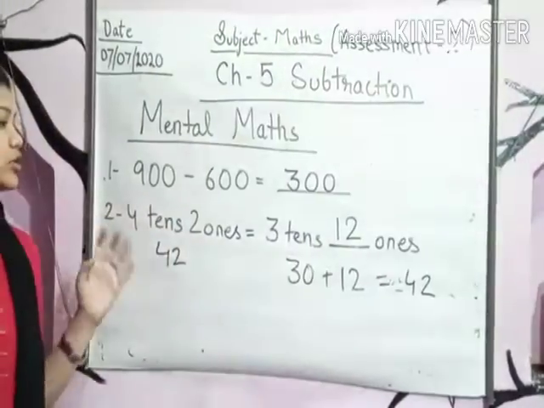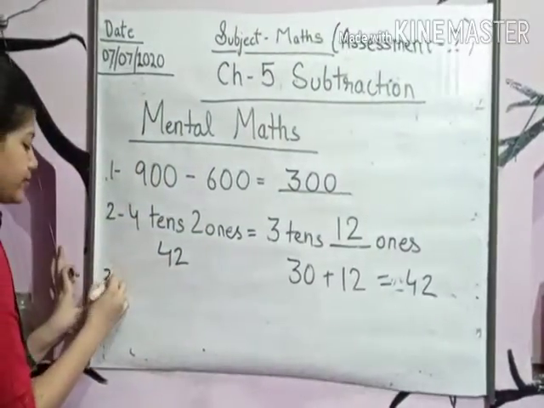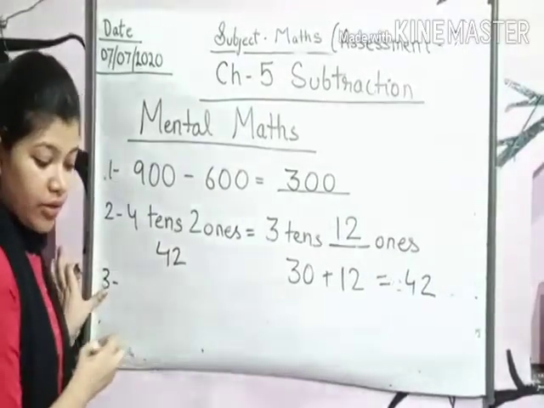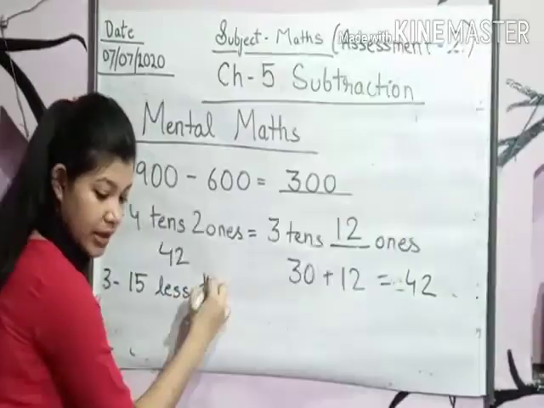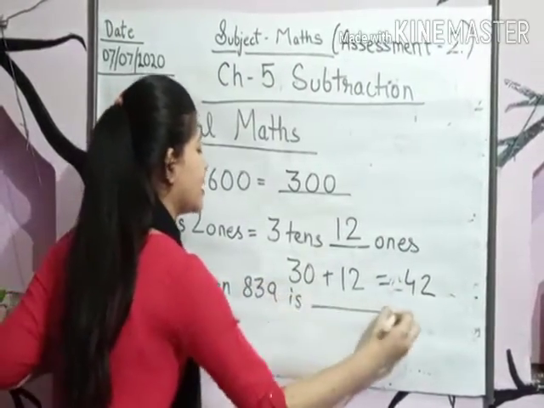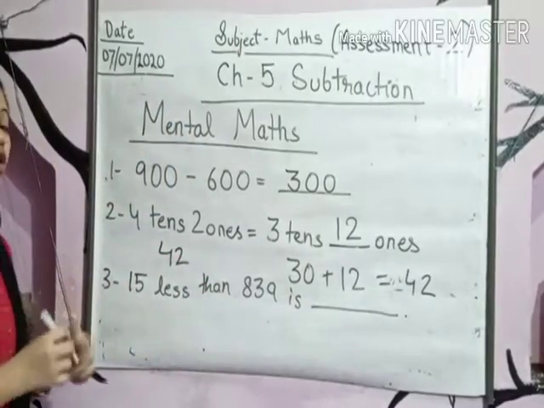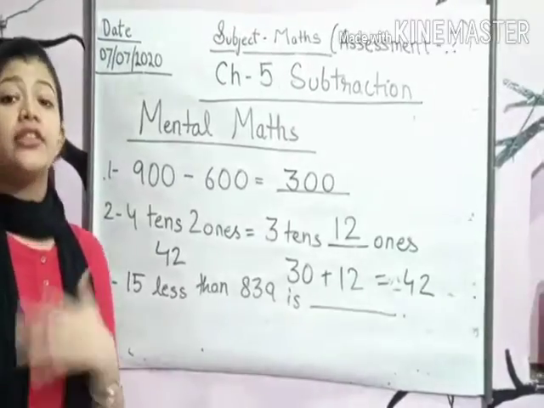Okay, so now students, let's come to question number 3. 15 less than 839 is dash. Now see, what I have told you: when words like less, left, give come, what do you have to do?